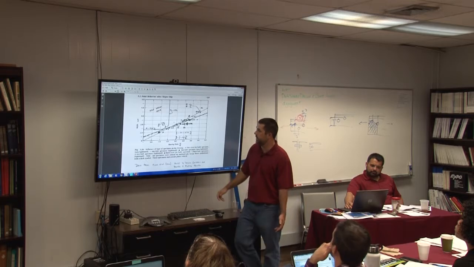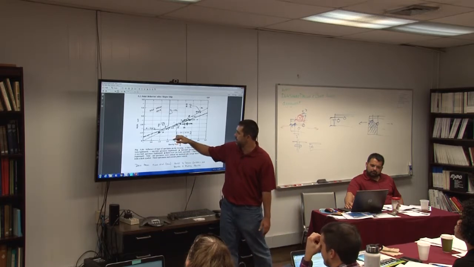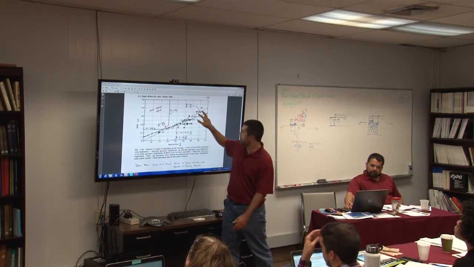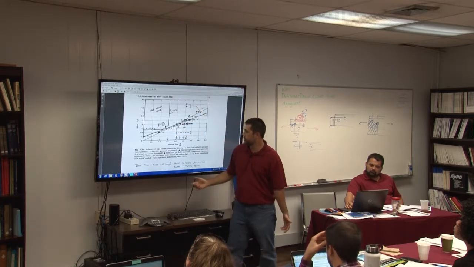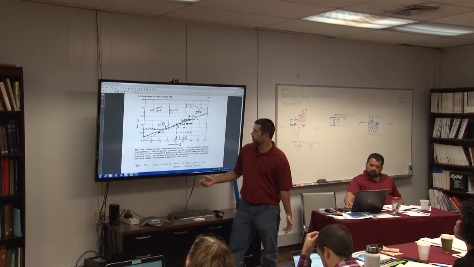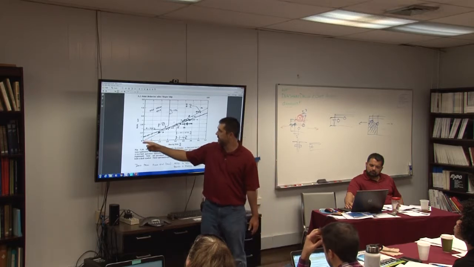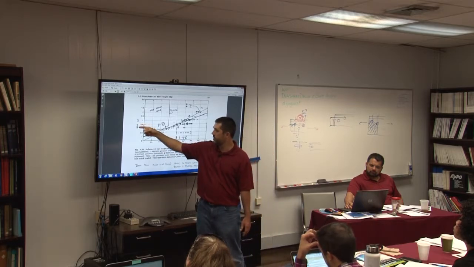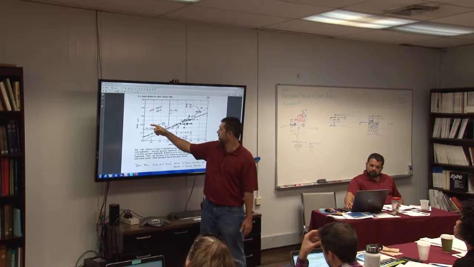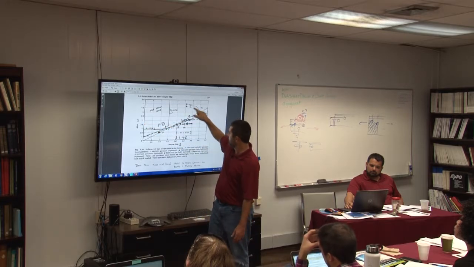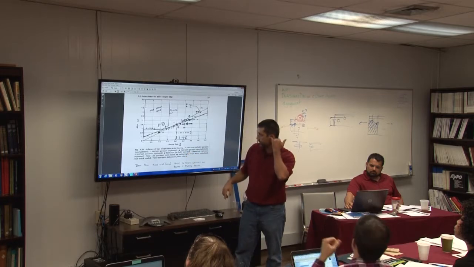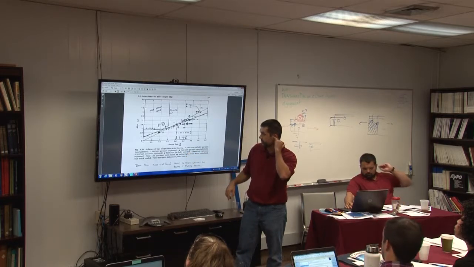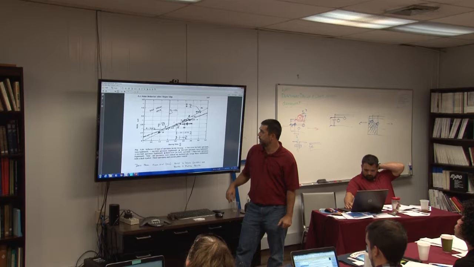Then they multiplied this line by 1.2 for conservatism. In other words, if I increase my required end distance relative to diameter, my design line is going to be above the actual capacity, on the conservative side of the data.